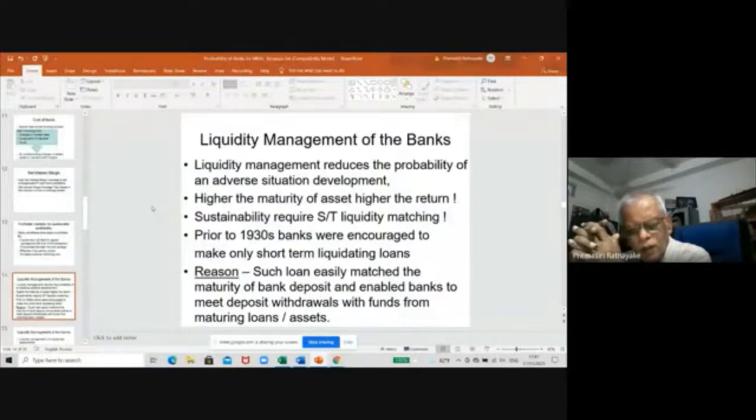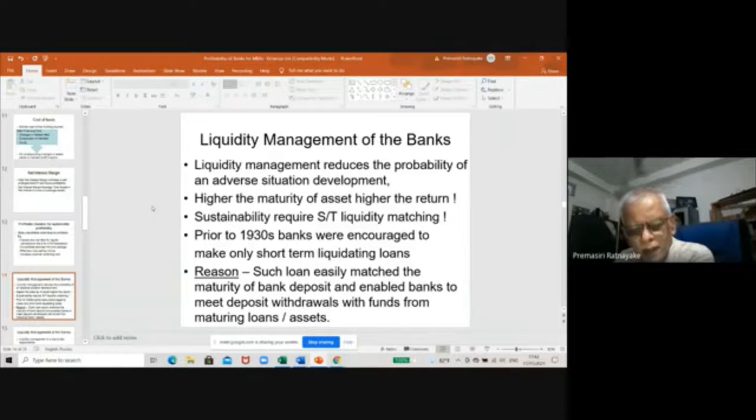Higher the maturity of asset, higher the return. The longer the maturity of asset, then there is high return for the organization. Sustainability requires short-term liquidity matching. To sustain the organization and go through all the liquidity crisis requires short-term liquidity matching.